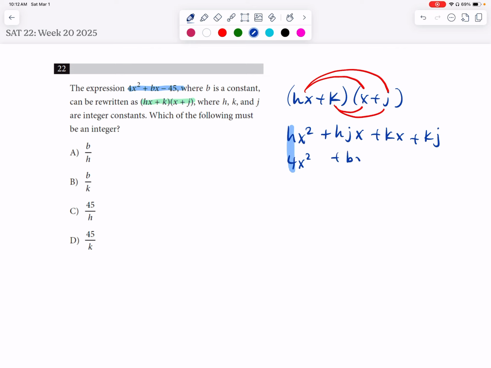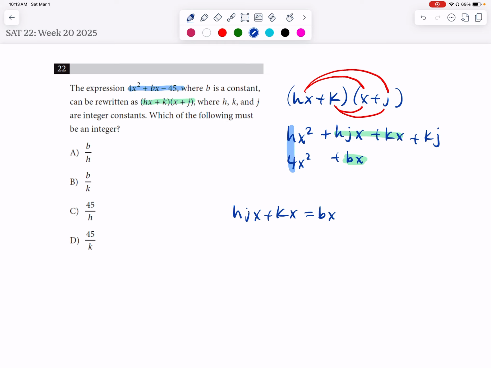Now this one's a little trickier. The way that you would get what b is actually equal to in terms of the other parameters here is that all of this stuff, let's make this green here, is equal to what bx is. If I were to write this out, this would be hjx plus kx is equal to bx. And you could divide by x.